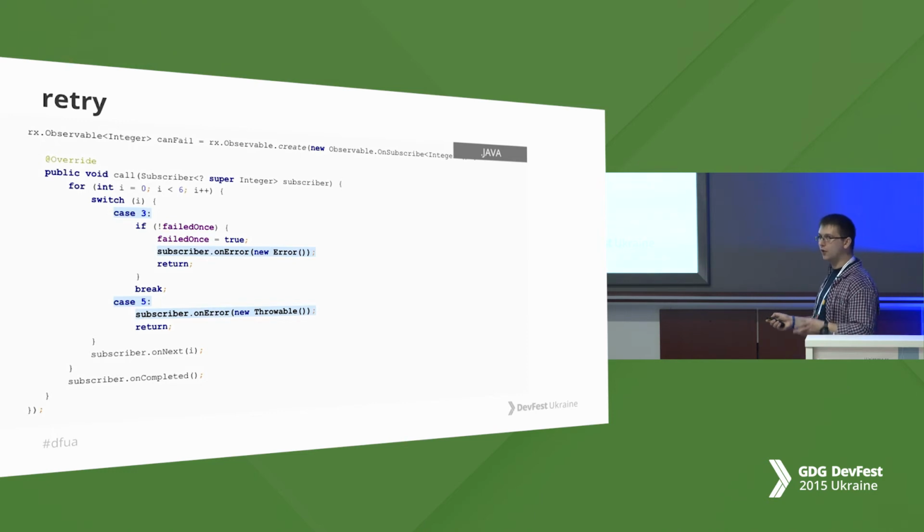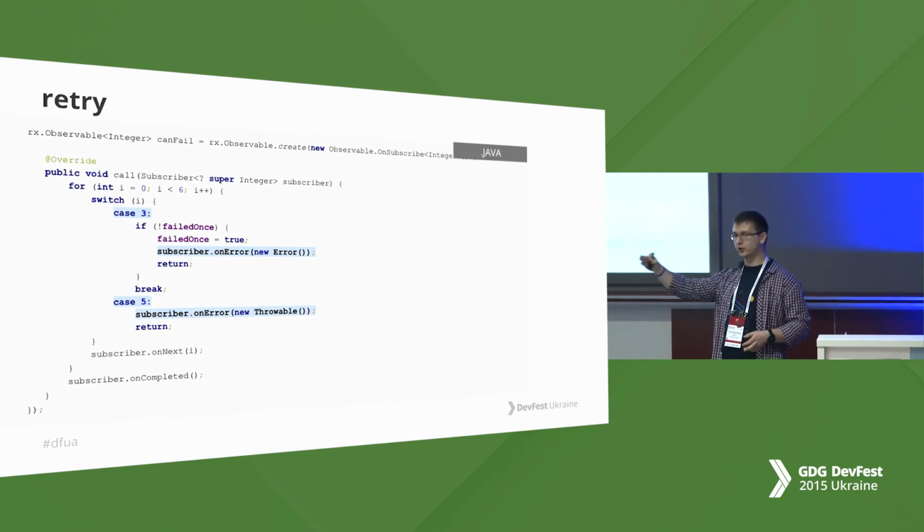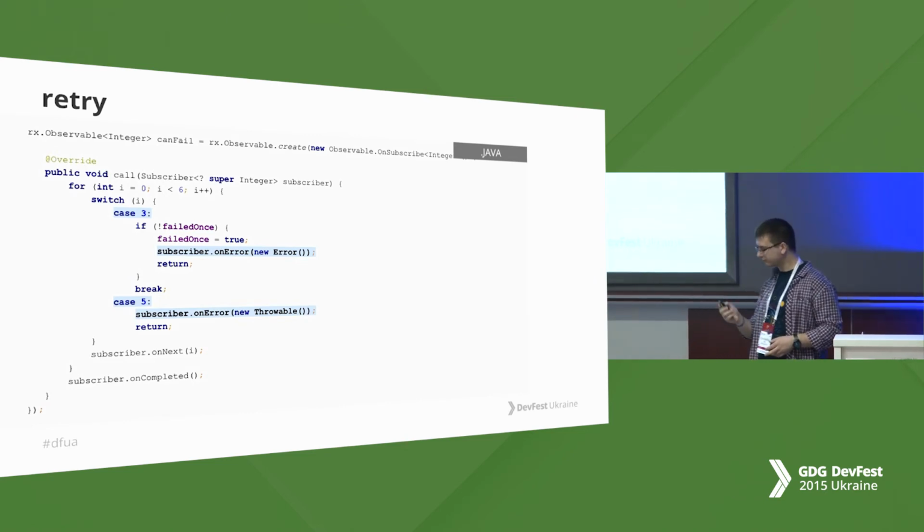We have the stream of integers, but on the third integer we will throw error of the type Error. It's our defined type. And on fifth we should throw the Throwable. Look here. Here is logic that shows that if we failed once with throwing an error, the next time we should not throw it, but throw another error, 5. So just stream looks like integer, integer, integer, error, integer, integer, integer, throwable.